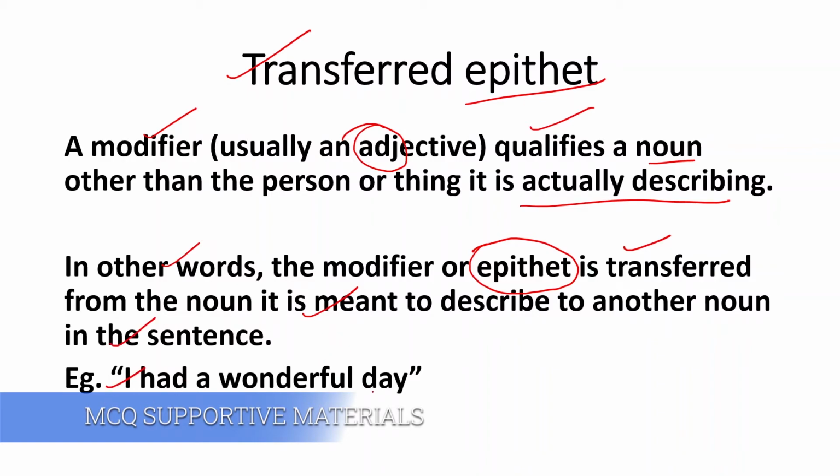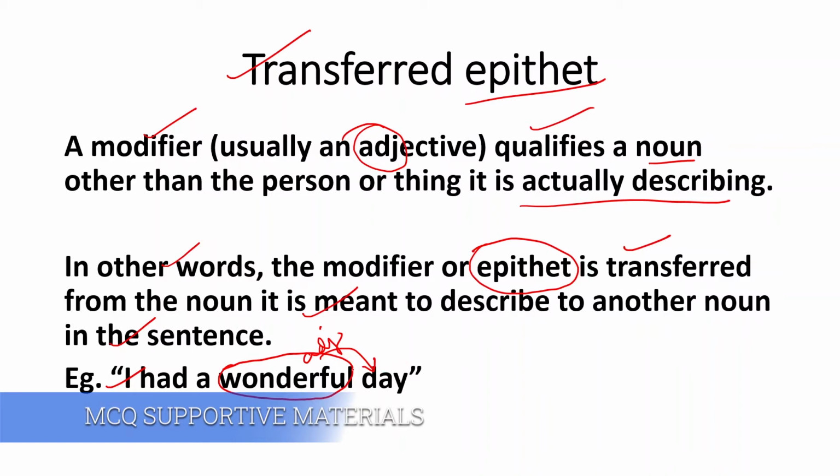I had a wonderful day. Look at this epithet or the modifier, adjective. This adjective modifies day. Wonderful day. A day could not be wonderful or bad.